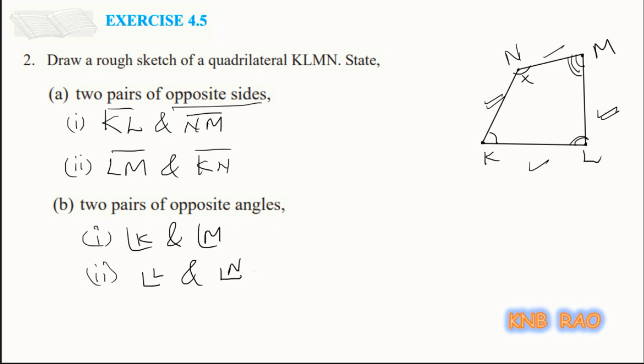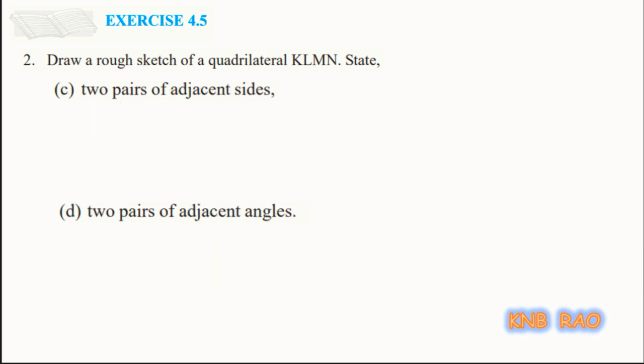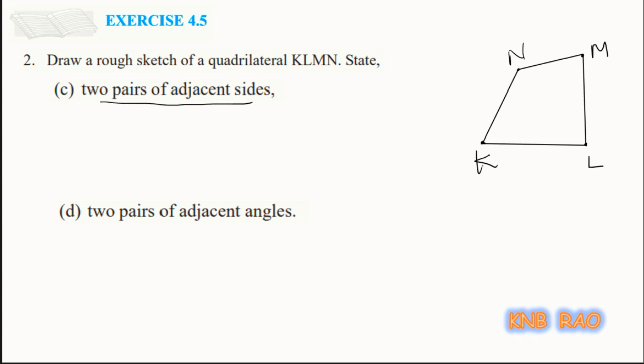Then moving on to sub questions C and D. Here in the same quadrilateral KLMN, we have two pairs of adjacent sides. Though there are four pairs of adjacent sides, we are asked to write only two pairs.